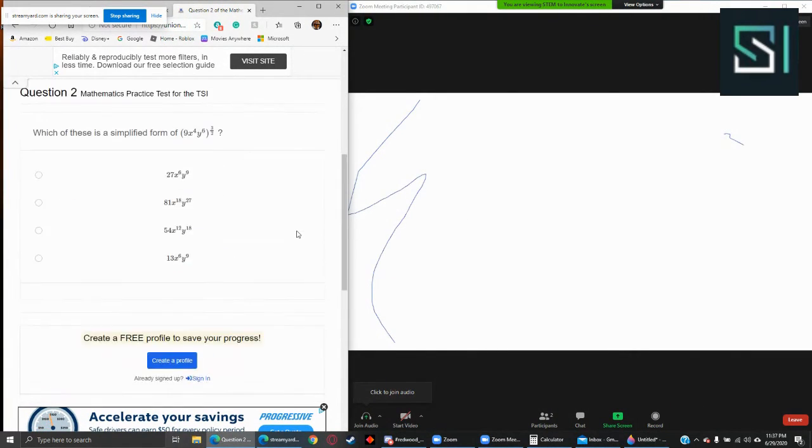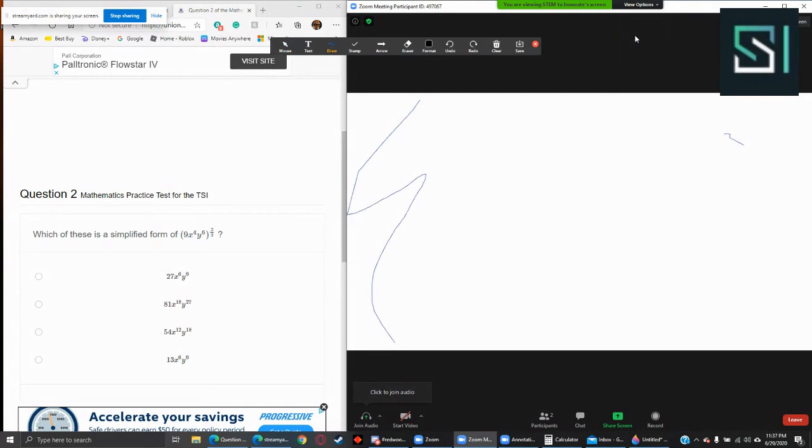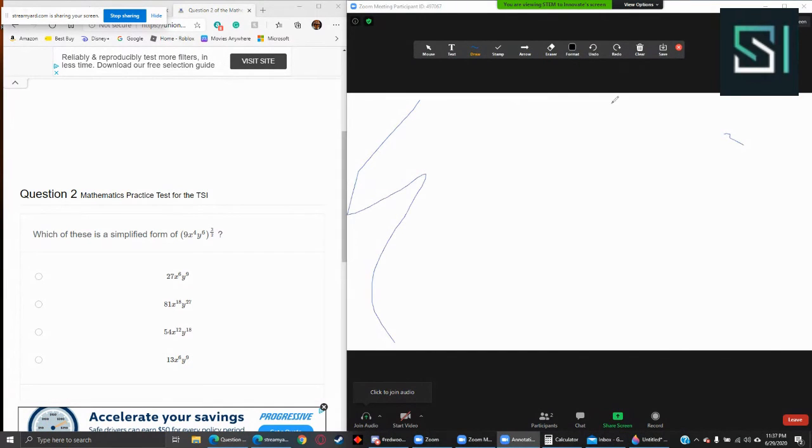So remember the rule of this one, right? The outside and the inside.